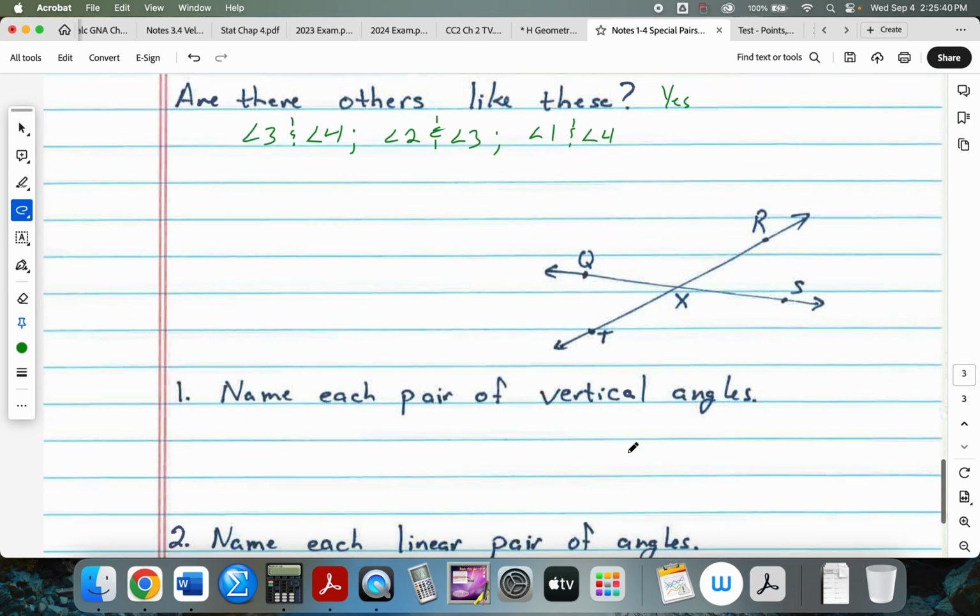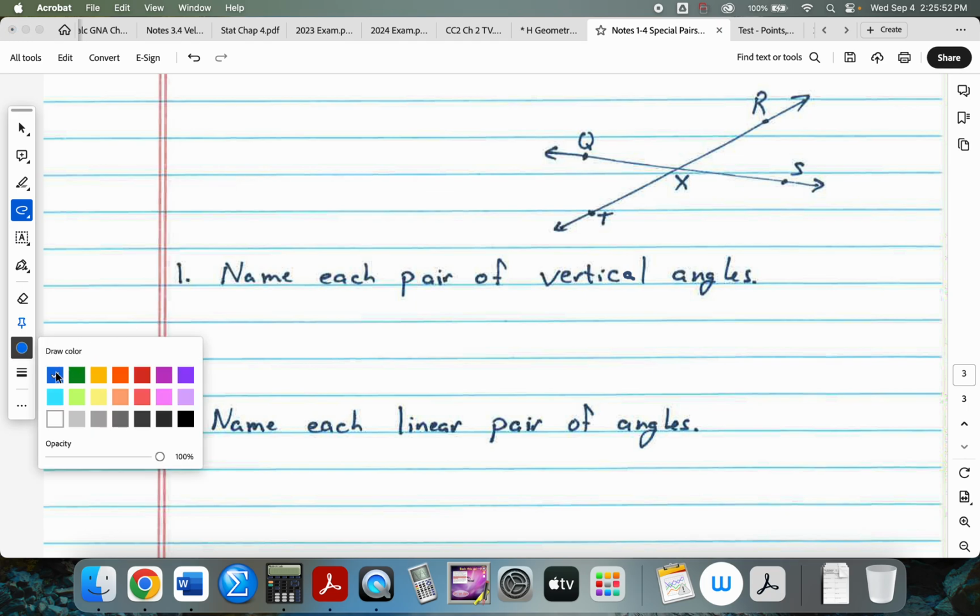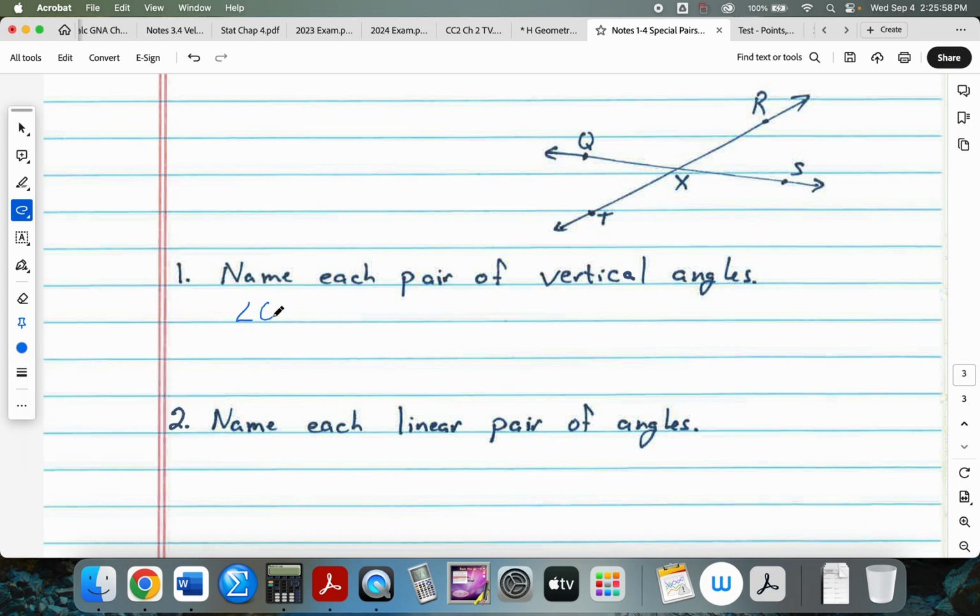All right, so we're going to use this diagram now. We want to name each pair of vertical angles. So I'm going to give you one of them, and I want you to find the next one. One pair of vertical angles are angle QXR and angle TXS. Everyone see if you can find the next one if you have not already.